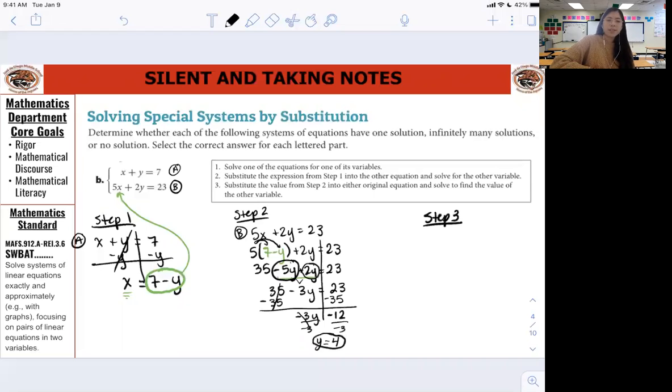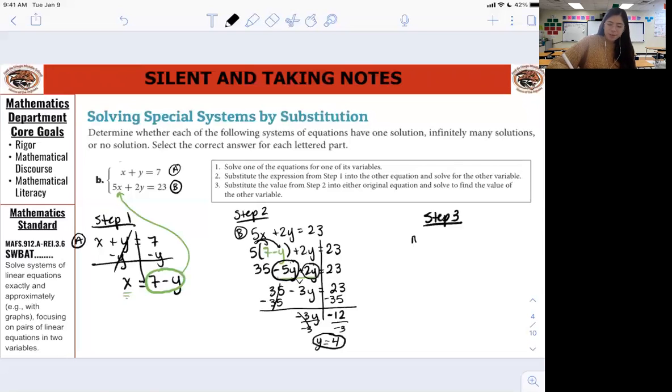Should I plug it back into A or into B? It does not matter, but which one's easier? Which equation is a little simpler is what I'm asking. A is a little bit easier than B just because the numbers are smaller.